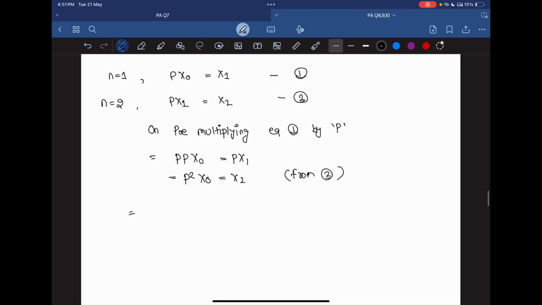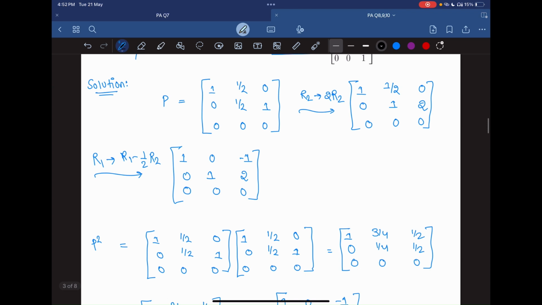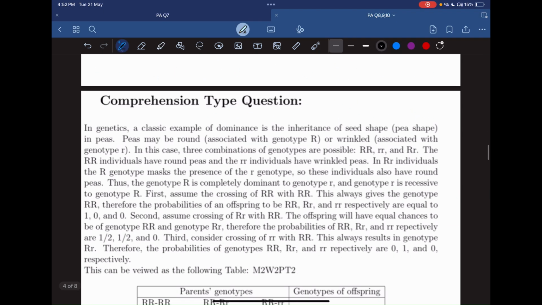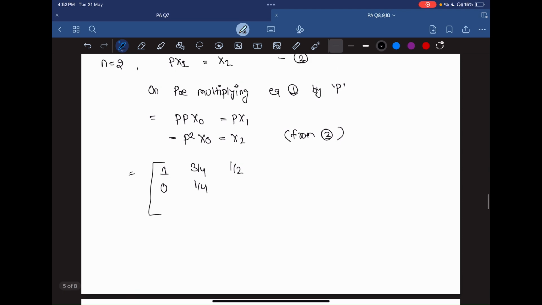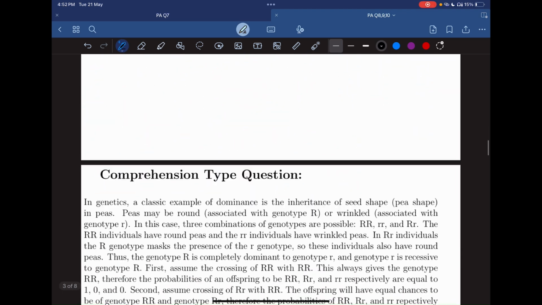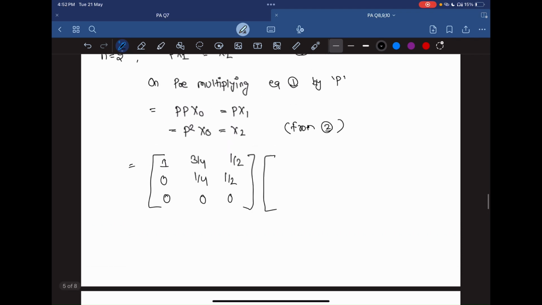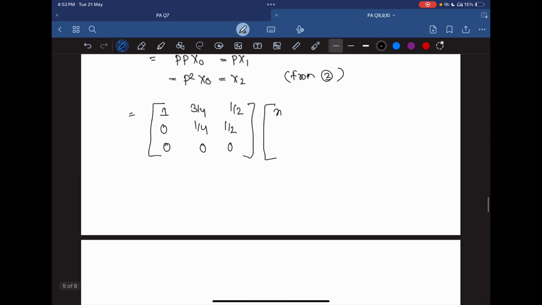Now we have the P square matrix that we calculated above. That is this matrix here: 1, 3 by 4, 1 by 2, 0, 1 by 4, 1 by 2, 0, 0, 0, and our x naught, which we have considered as x, y, and z, and this is equal to x2.